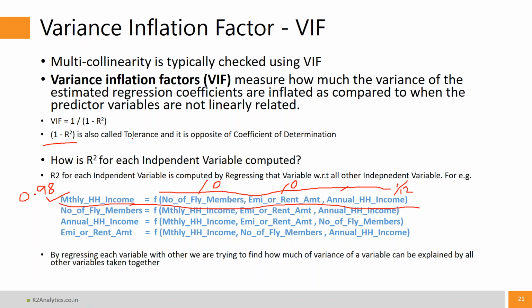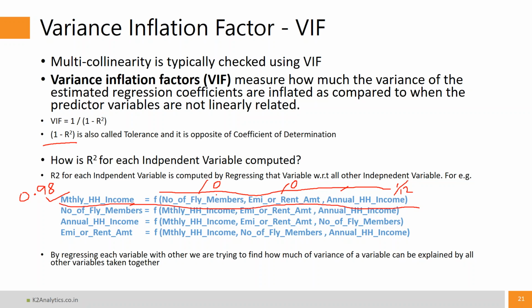The concept is simple. I have to find out, can one variable in the model be replaced as a function of other variables? So I can theoretically have monthly income as a function of all other independent X variables.